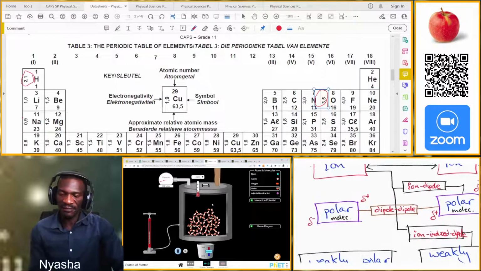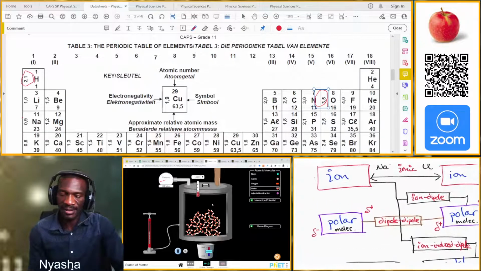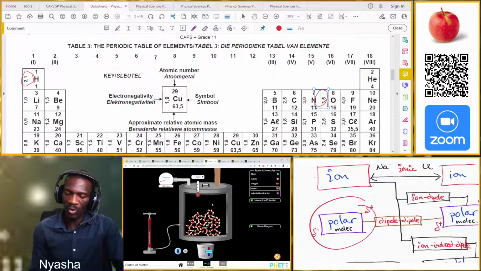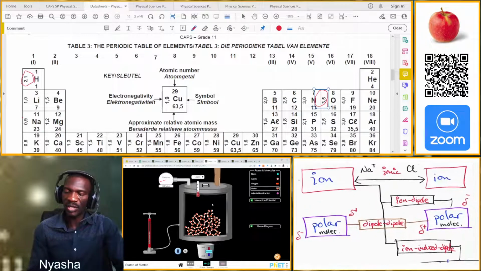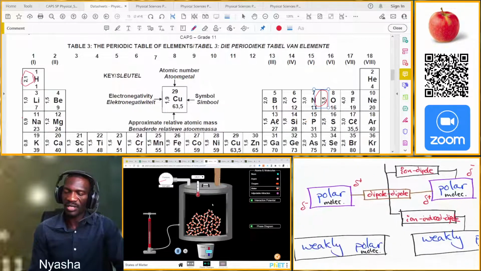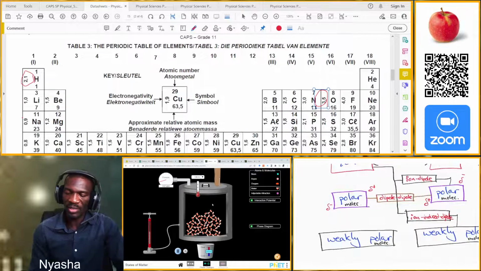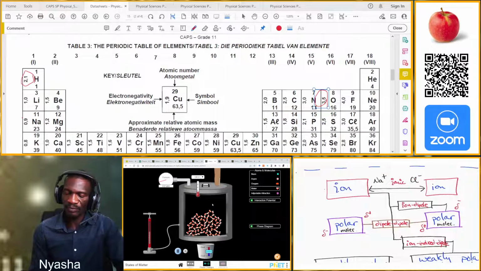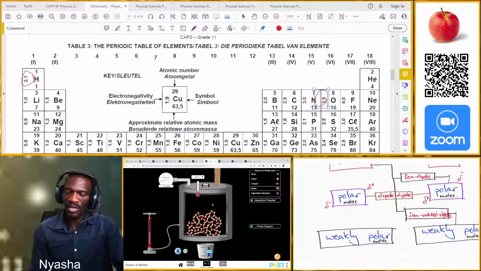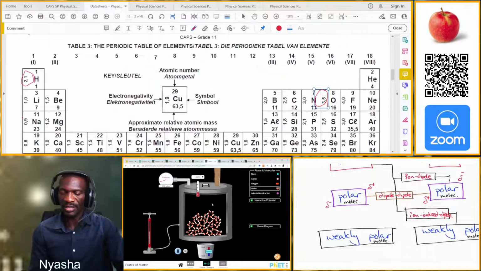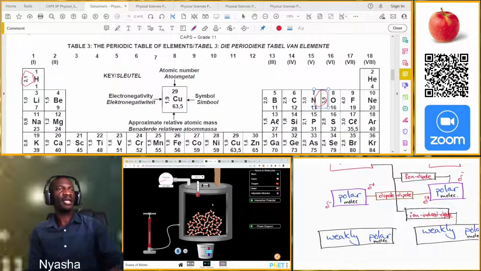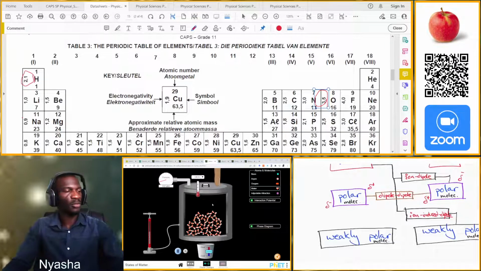So we have seen, for the ion, its interaction with another ion. We've seen its interaction with a polar molecule. We've seen its interaction with a weakly polar or non-polar molecule. For the polar molecule, we already know its interaction with the ion, which is the ion-dipole. Then we've seen the interaction of the polar molecule with another polar molecule.